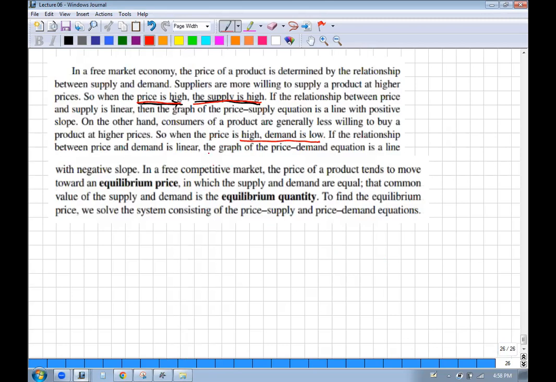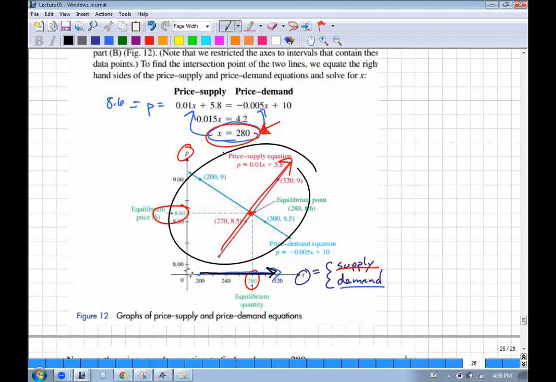Okay, so we can graph both of these. We have the demand depending on the price and the supply depending on the price. If these are linear, they're both lines. We want to know where they intersect, and that's exactly what we've been doing in this section. In the last section, we graphed this and just looked at it and said that's where they cross, right? So we could figure out the equilibrium price.